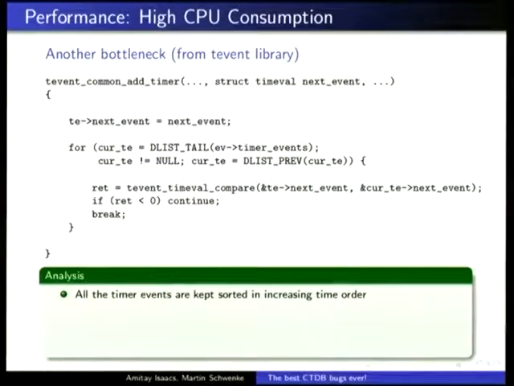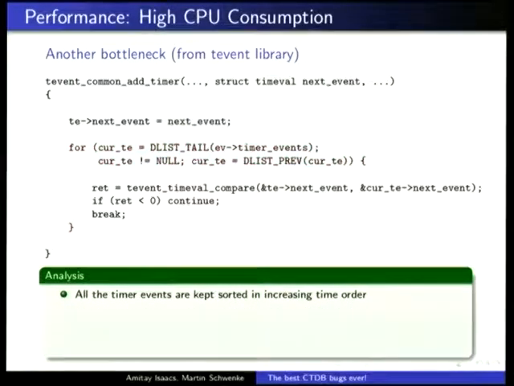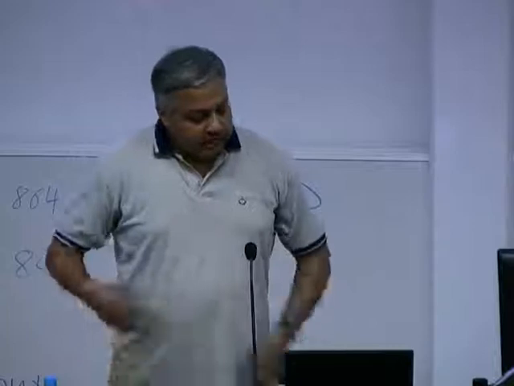This time it was from the tevent library, a similar story. When you add a timed event in tevent, you talked about timer events, it is maintained in a linked list in sorted order of time. The timers which are expiring sooner are at the front of the list, and those which are further away are at the tail.